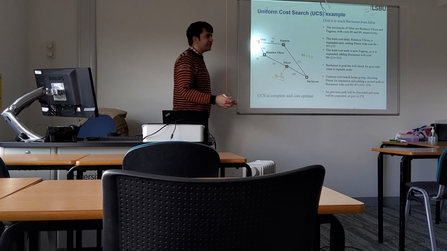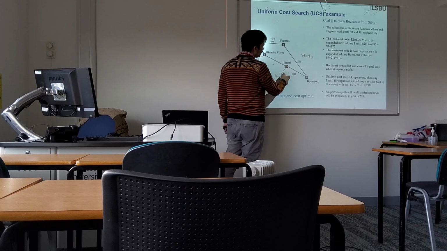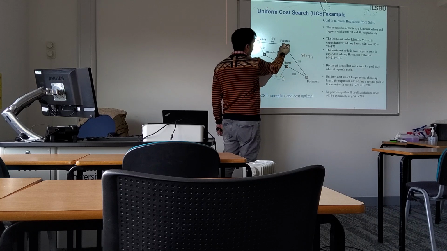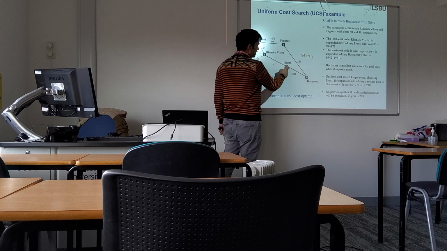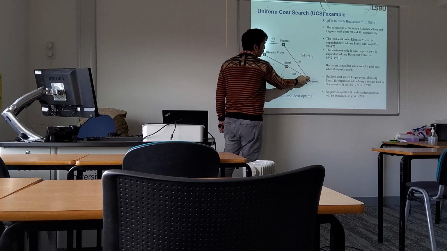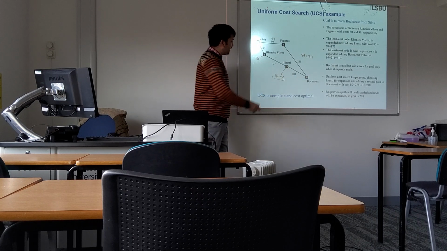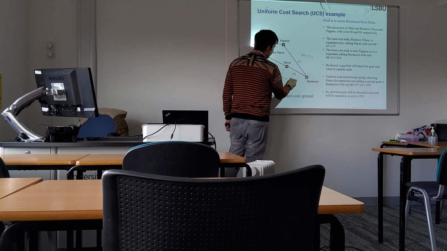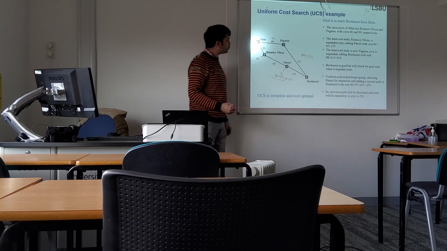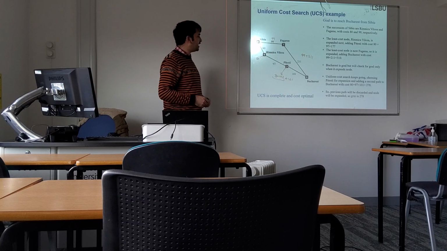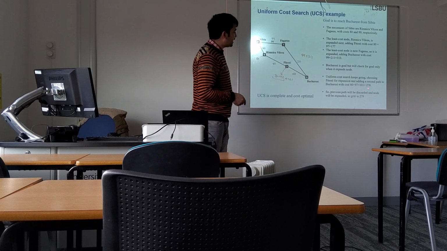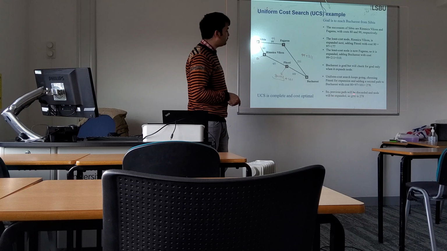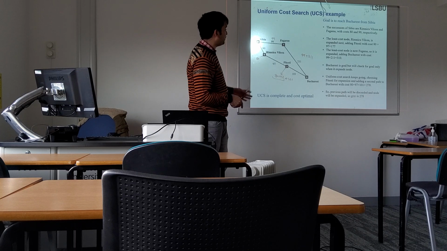Again at this point, we look for the nodes. We already explored this node, so the next option is that I go to Bucharest from here. If I calculate the distance, it will be 101. So overall, adding a second path resulted in 278, so the previous path will be discarded and the node will expand to the next point.